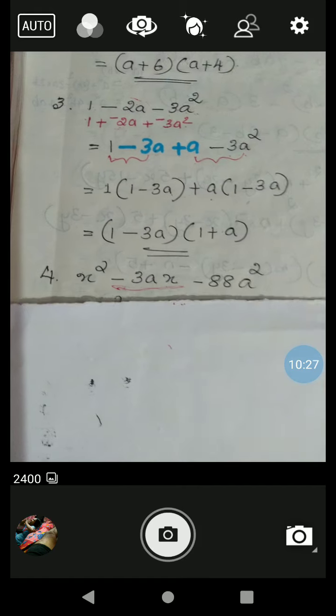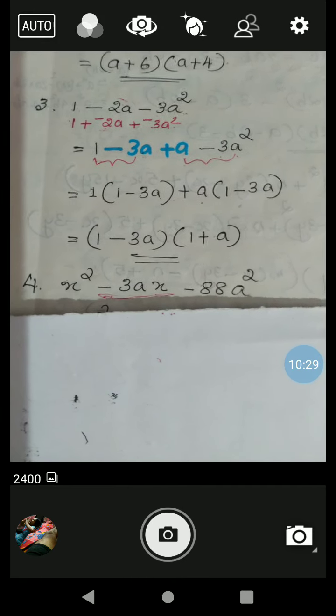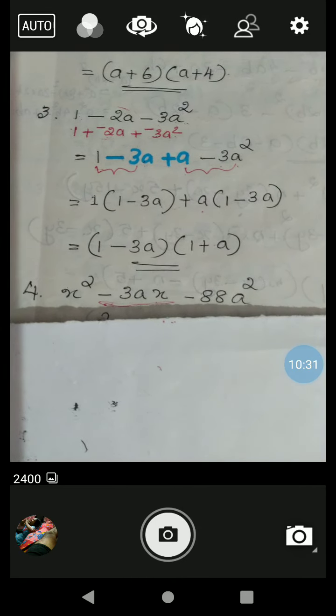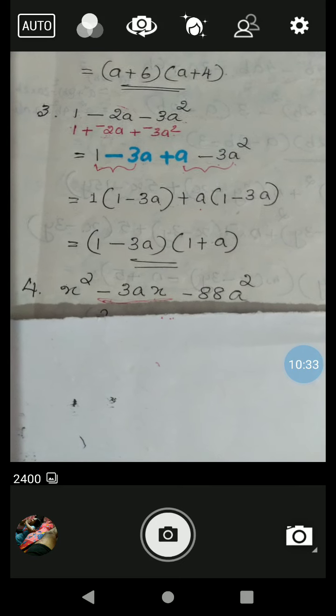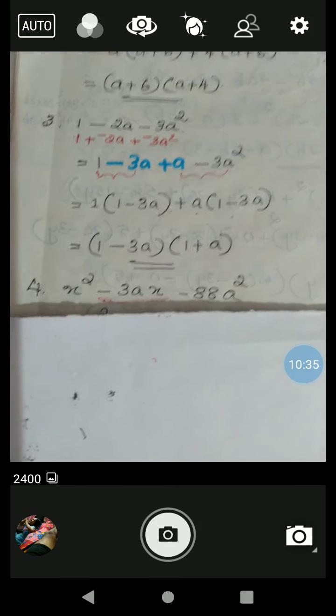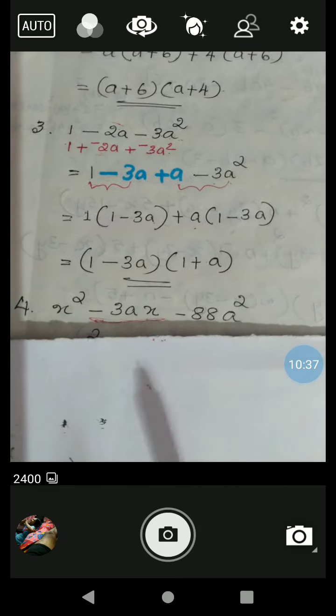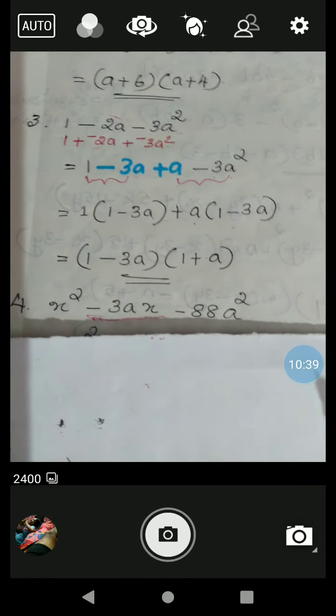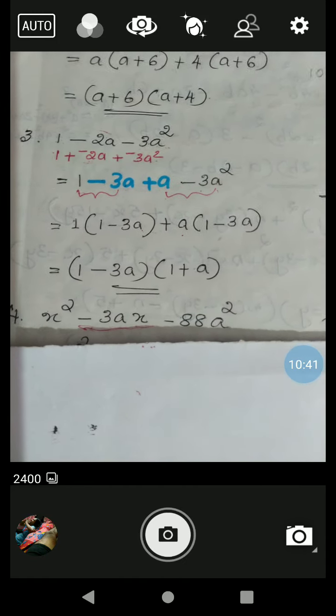Now, next question. Look, x square minus 3ax minus 88a square. Here also this is trinomial form itself. Now what is the product?